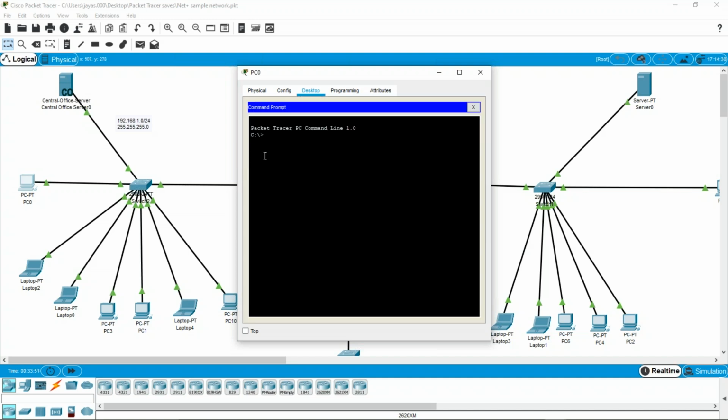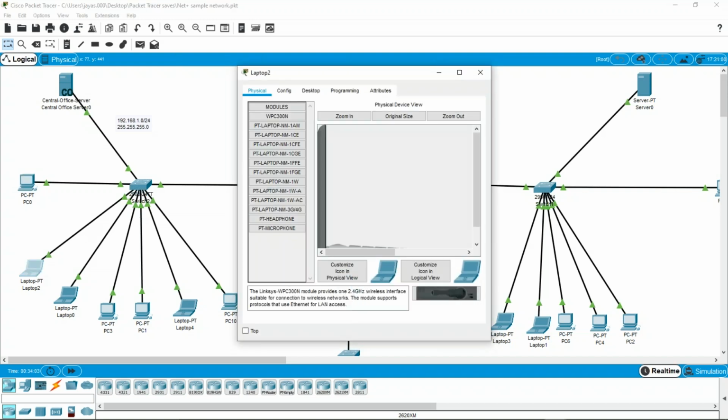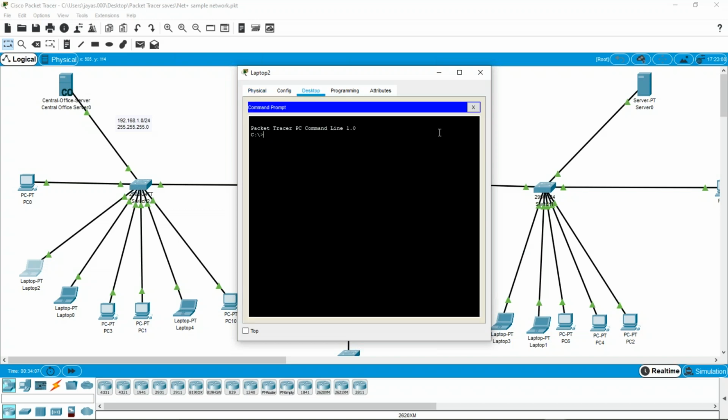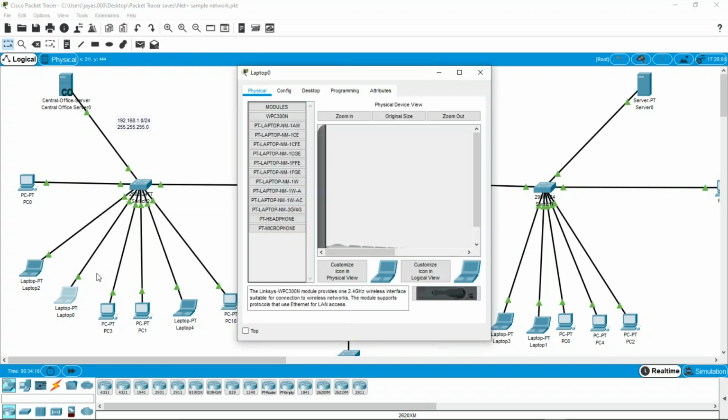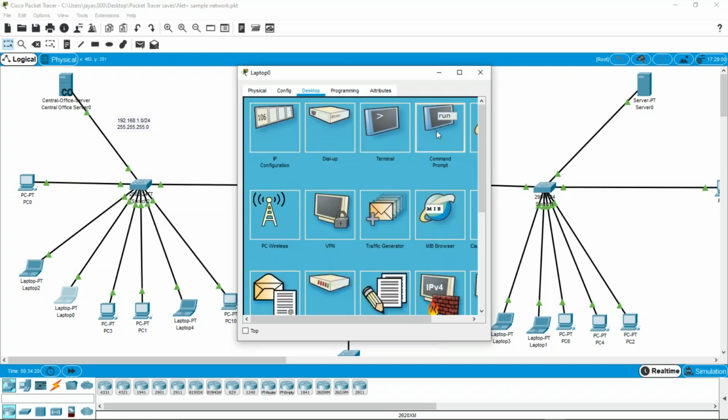So let's start here. Ping 192.168.1.0. Got responses there, so we should be good. This one, same deal. Responses there. Everything here.